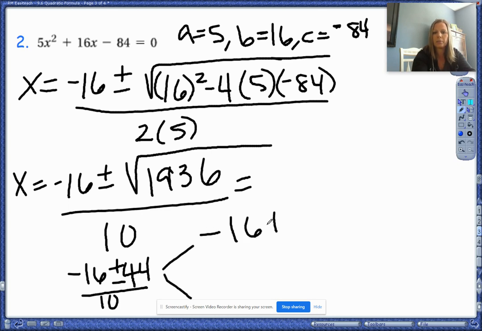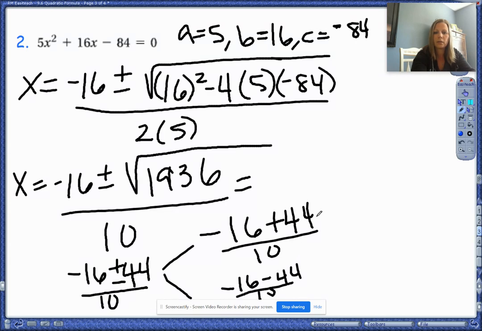Negative 16 plus 44 over 10. Negative 16 minus 44 over 10. So negative 16 plus 44 divided by 10 is 2.8. And negative 16 minus 44 divided by 10 is going to be negative 6. So those are my two solutions.